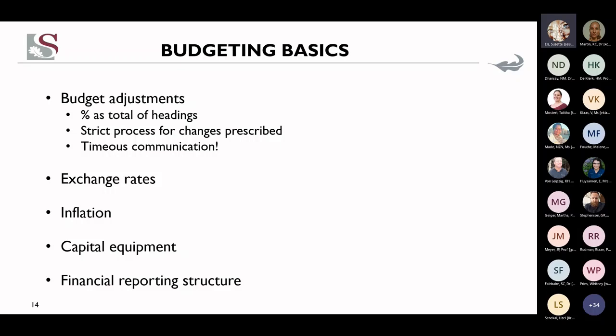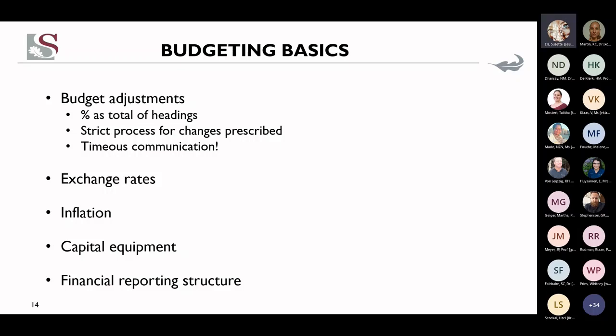It's good to budget more conservatively rather than not, and also use the BER, the Bureau for Economic Research at the university. They have a prediction of about 2 years on exchange rates. So you can also use that as a guideline when you have to budget in the foreign currency for more than 1 year in the future.